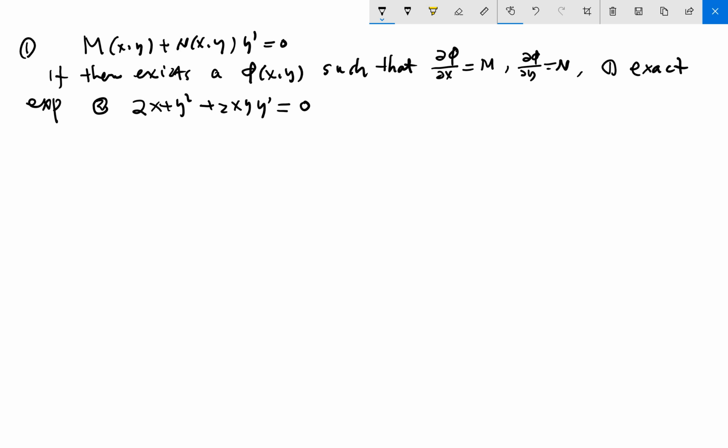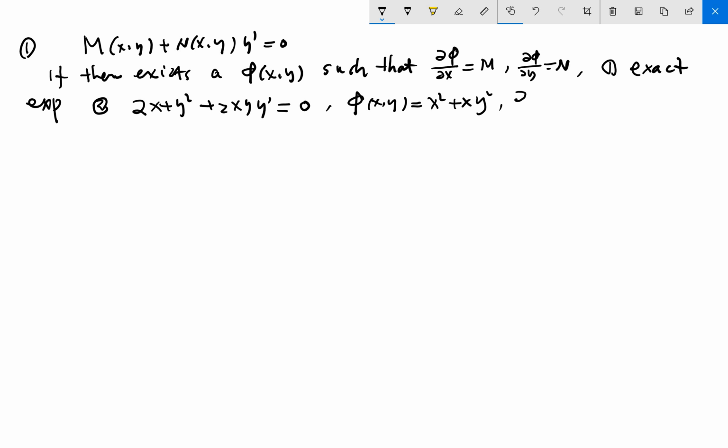However, this equation is exact because we can find the phi. It's not hard to see. The phi is equal to x squared plus xy squared. You can check that.